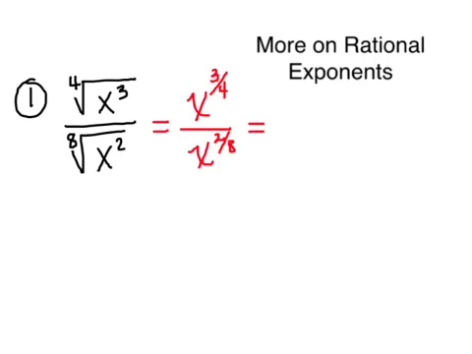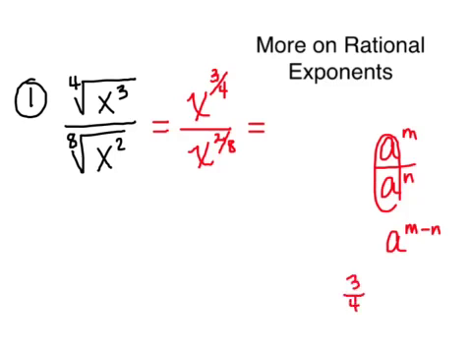Now there's a rule of exponents that says if we have a to the m over a to the n, as long as the bases are the same, we're allowed to say a to the m minus n. So what we can do is take 3/4 minus 2/8 and simplify that.